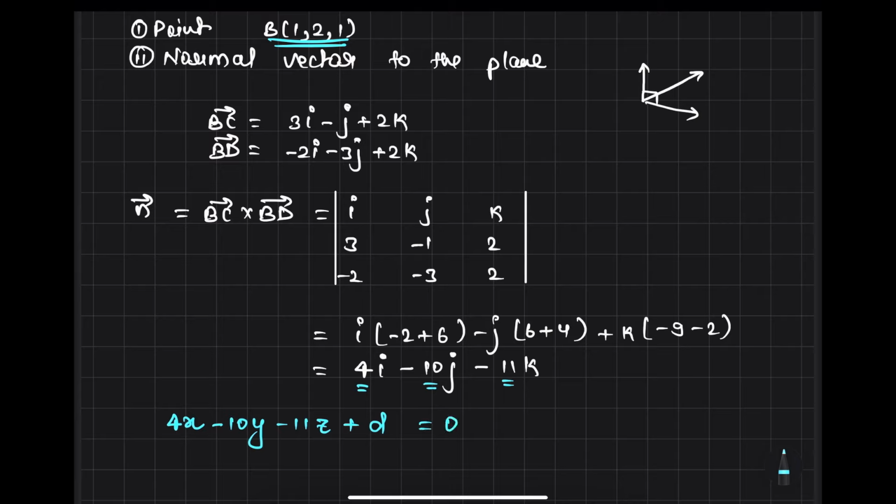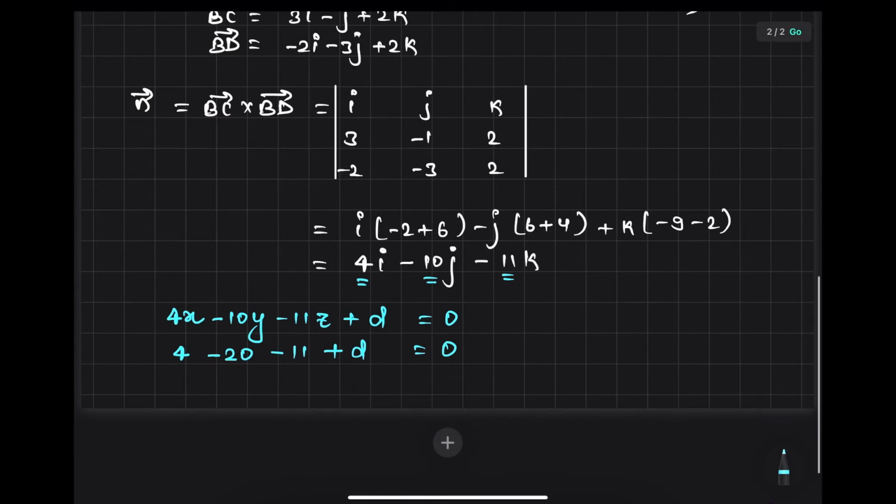How will we get the value of d? By substituting the point. So let's substitute: 4 minus 20 minus 11 plus d. Is that okay? So we got minus 27 plus d, so d becomes 27.